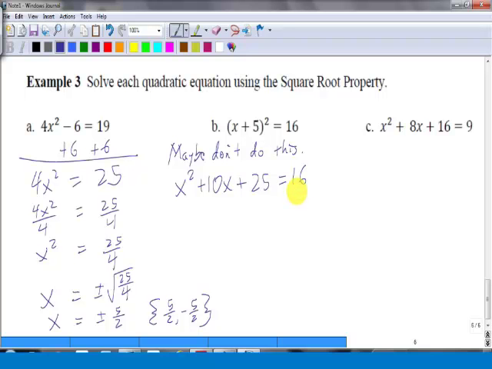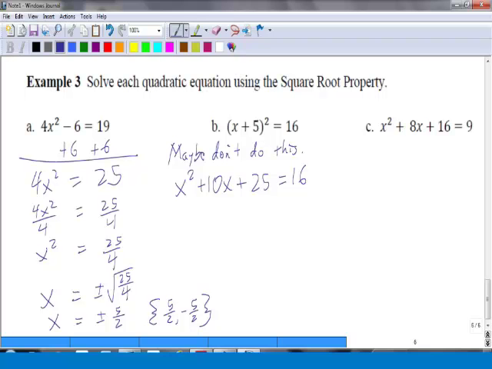This wouldn't be bad, right? I don't think I want to write anything more down until I erase this and go back and do it a different way. But if you subtract 16 from both sides, we've got an x here. We didn't have an x in the A part, but we've got an x. So we subtract 16 from both sides. What's 25 minus 16? It's 9. What two numbers can you multiply together to get 9, and add together to get 10? 9 and 1.